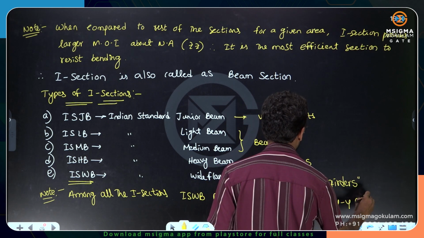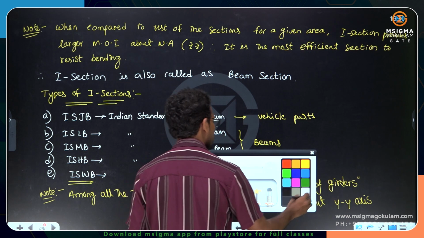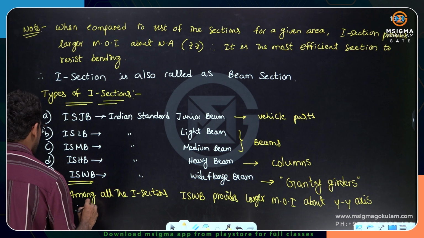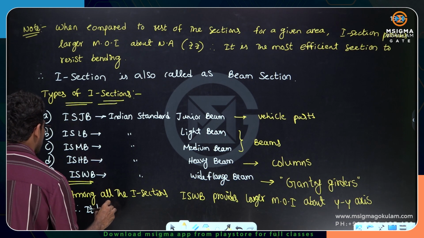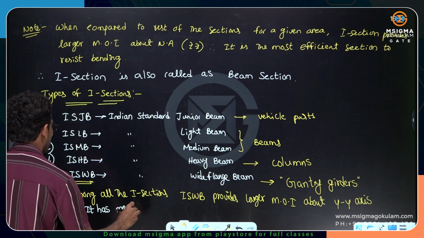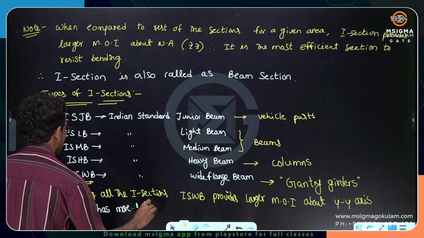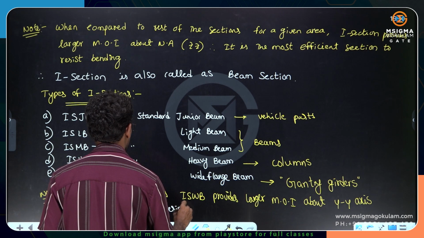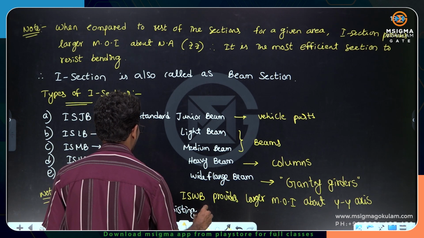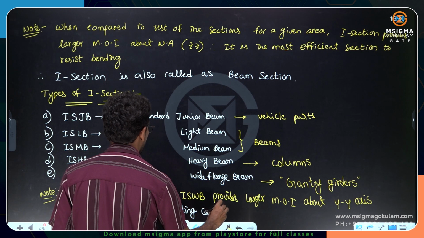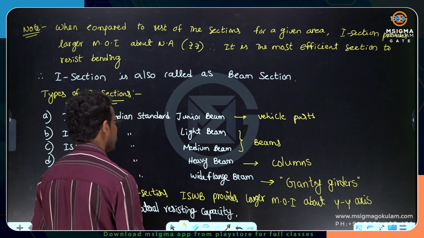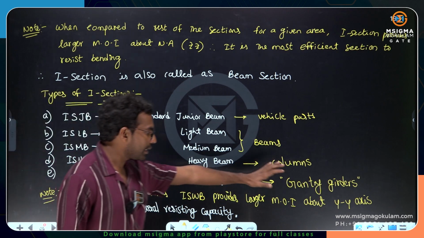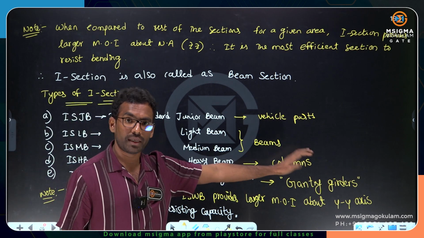Therefore, what does it mean? Therefore, it has more lateral resisting capacity. So, that's why we provide the ISWB itself as the gantry girder. Best section for gantry girder is ISWB.